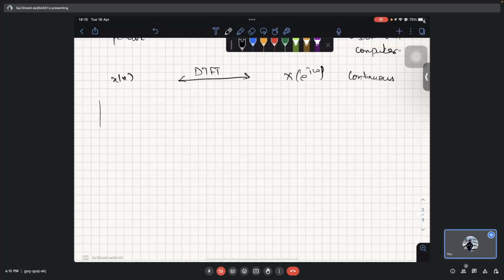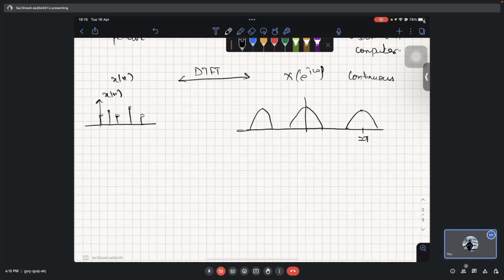Let's say we have some signal x of n like this, discrete and aperiodic, from 0 to N minus 1.